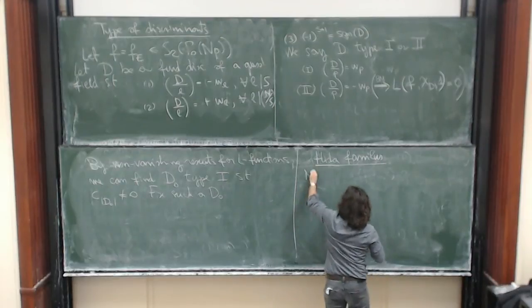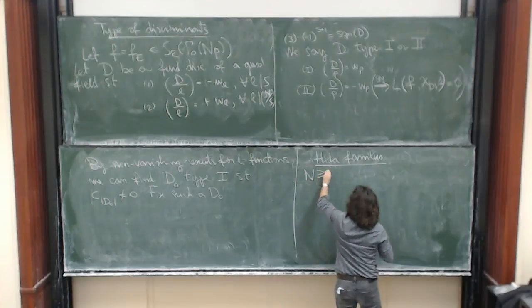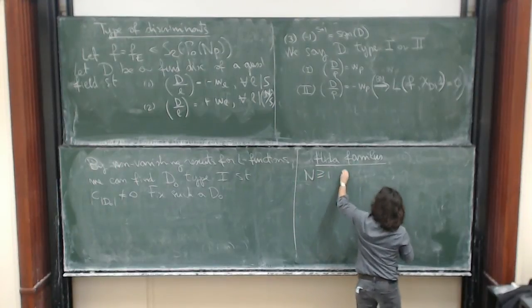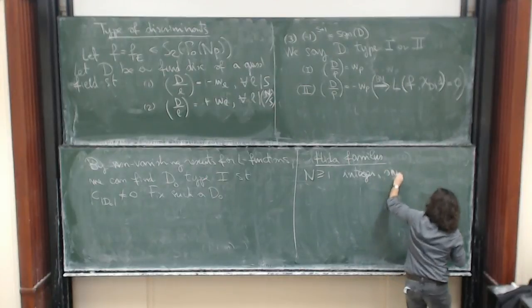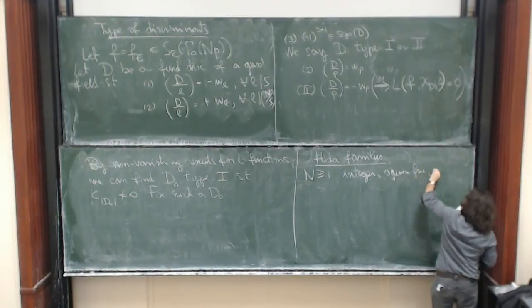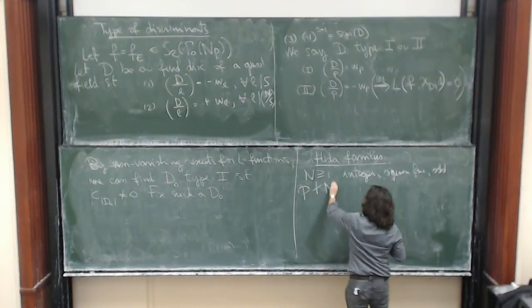Same notation as for my fixed modular form, so n is an integer which is square free and odd, and p as above is a prime which doesn't divide n.